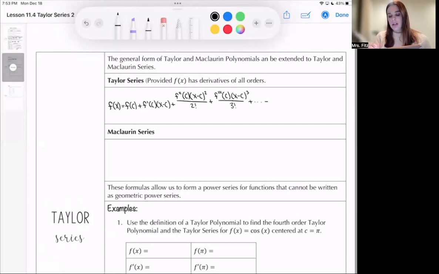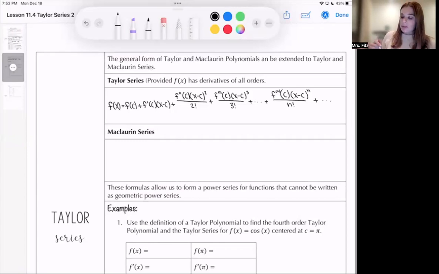We'll go ahead and do our general term, f, the nth derivative, at c of x minus c to the nth over n factorial plus dot, dot, dot, right? Only difference is we're not picking a finite number of terms here. We're going to go off to infinity, and it becomes exactly equivalent to your original function.